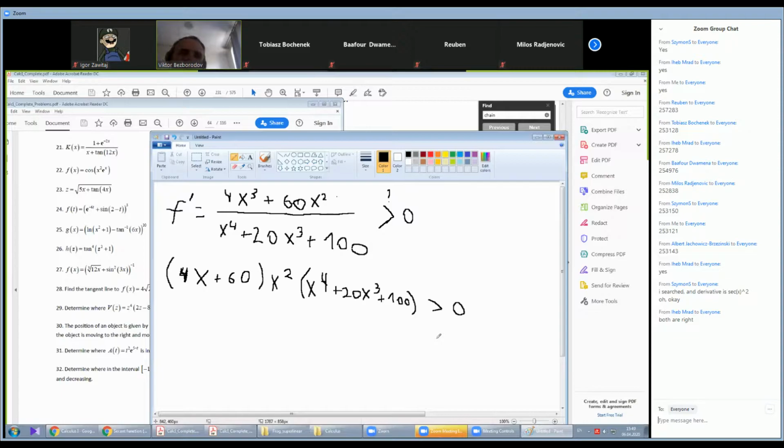So let's have a look. We should find all the roots of this polynomial on this interval. So our interval is from -1 to 20. Here once again we can divide by 4, so it's going to be x plus 15, x squared. And this I will just say it's the same, not to rewrite it.